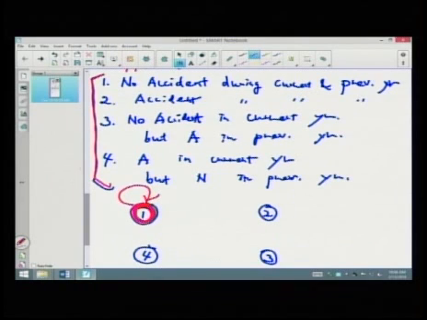What probability do we have here? 0.97? Yeah, 0.97, right? Because in the problem description, it says if he or she has not had an accident during the last year, there is only 3% chance of having an accident during the current year. So it's got to be 1 minus 0.03, which is 0.97.